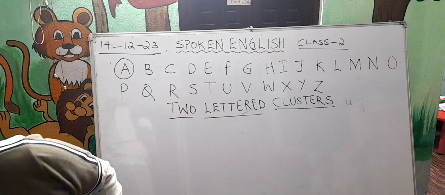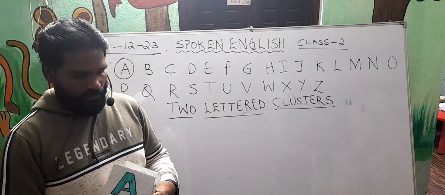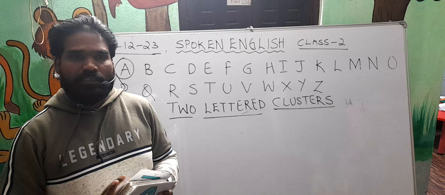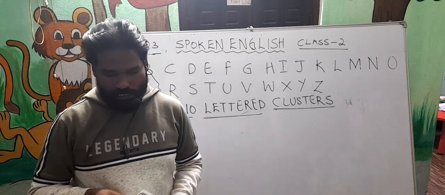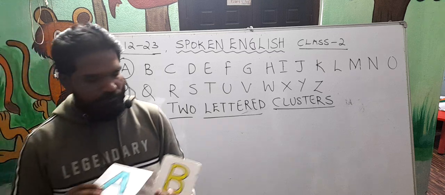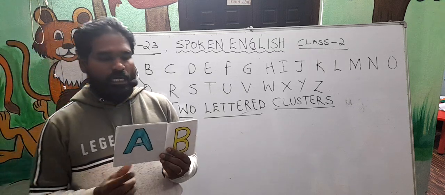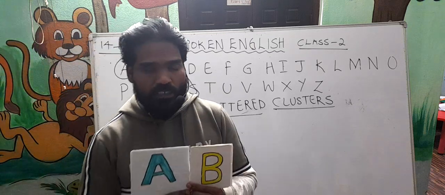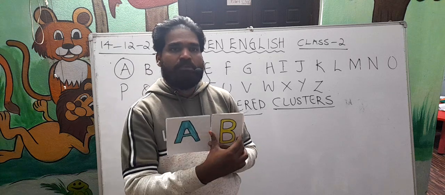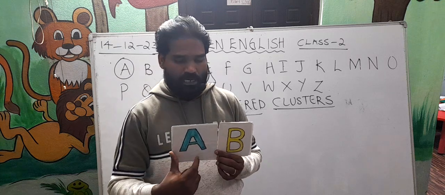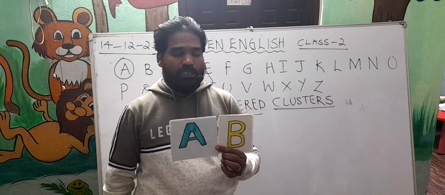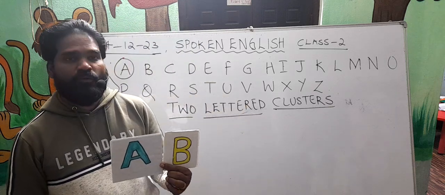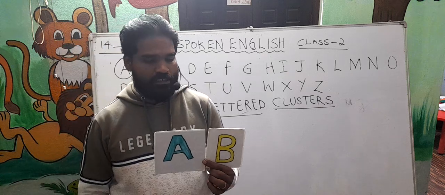So, to continue with, we have here a teaching aid. I have some play cards. We have here A, and now, for example, you take B. A and B together, when you join, it becomes AB. This is how the two-letter cluster word can be formed by simply joining two letters.